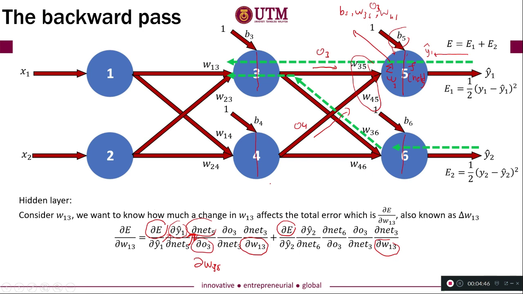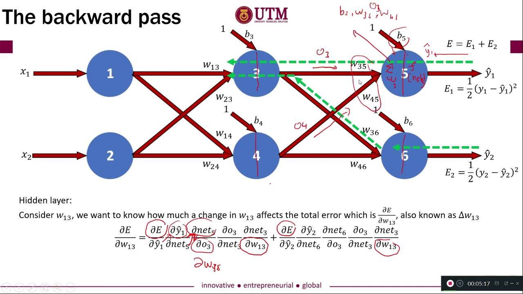But to make sure that this error can be propagated towards the hidden layer, you must do the partial derivative of del net 5 over del O3. It should not be del W35, because if you do it with del W35, then you stop the chain rule at that stage only.